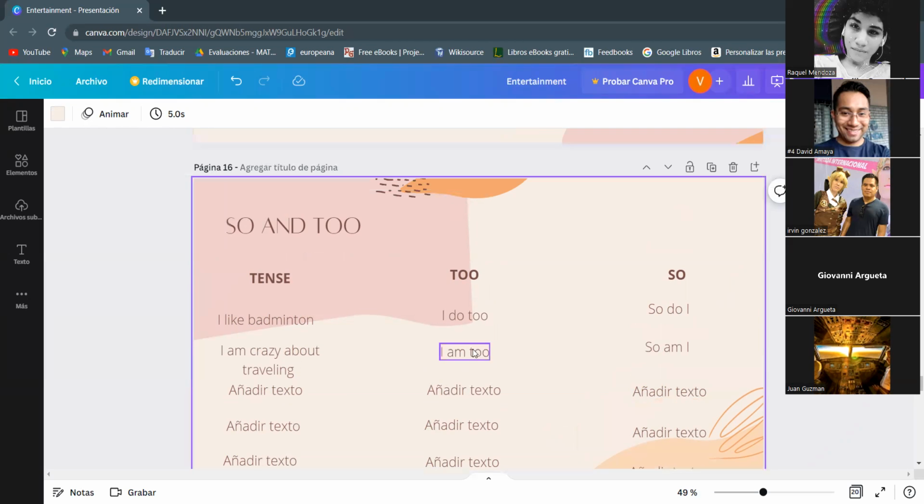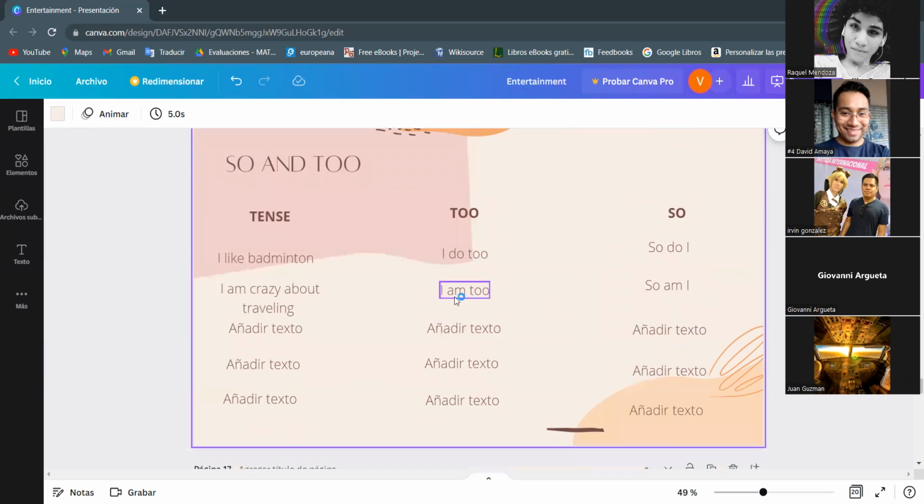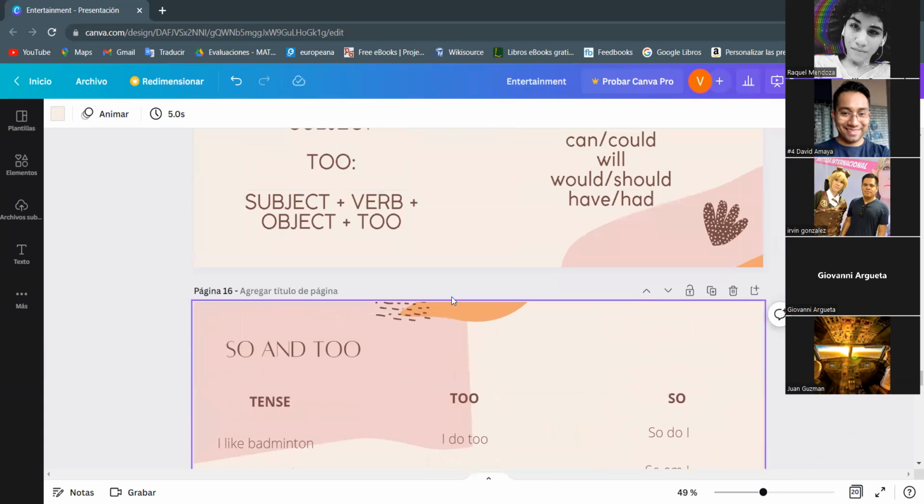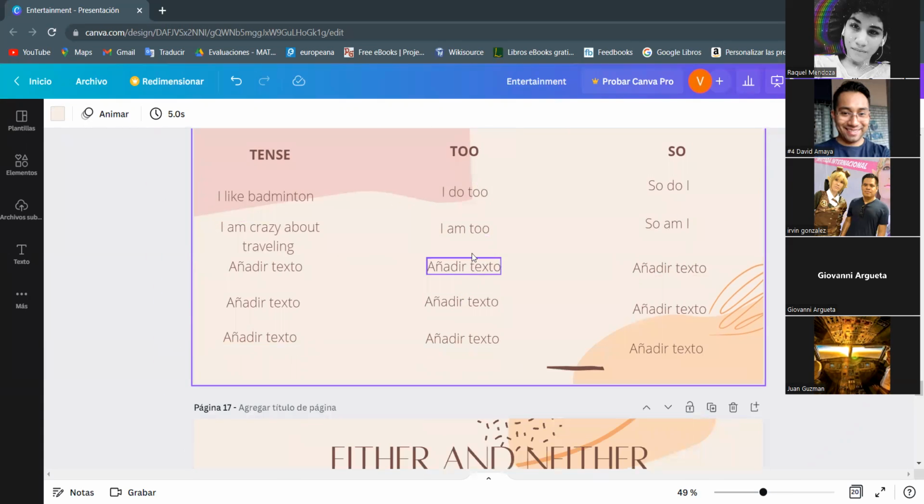Okay, so let's see the structure so that you can get familiar with it. What's the subject here for this one? I. Good. Thank you. What's the verb? The verb to be. Correct.